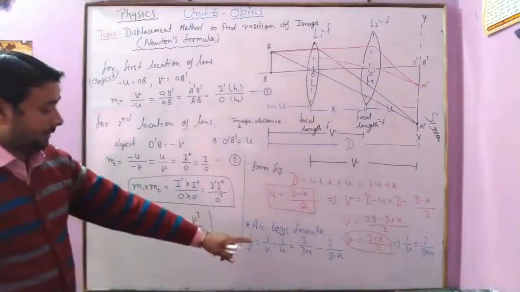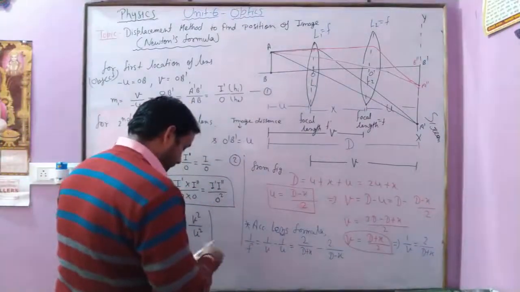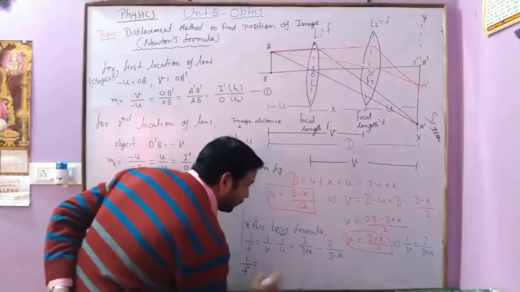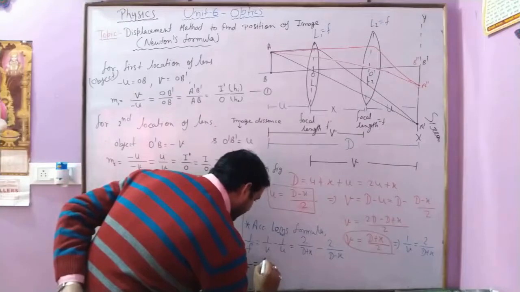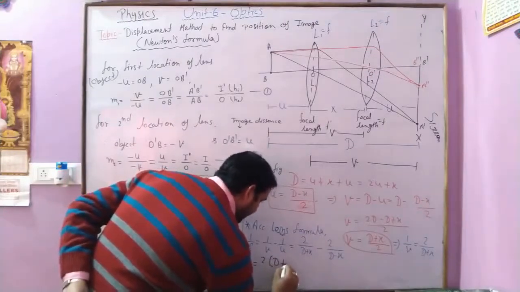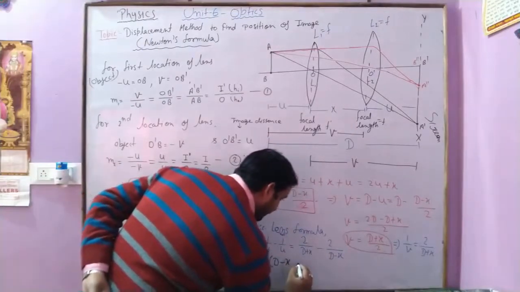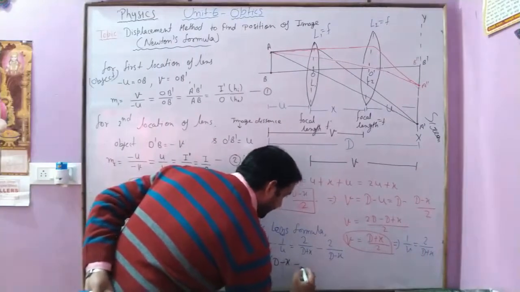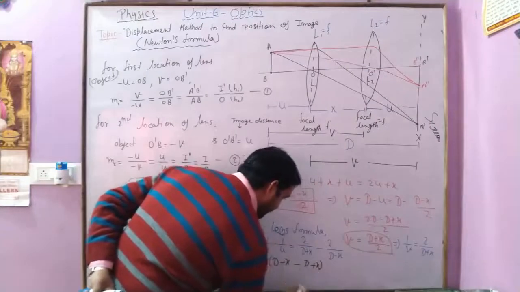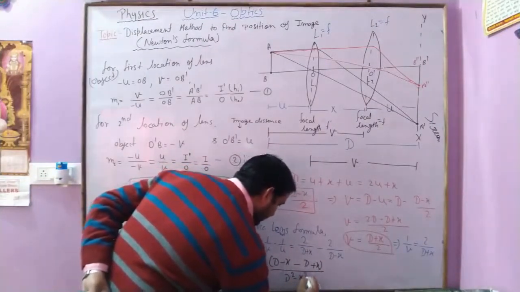Now by taking common denominator, 1 upon f is equal to 2 is common in the numerator, d minus x and minus d plus x, upon d square minus x square.